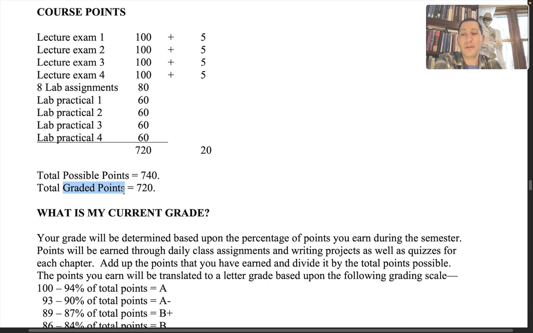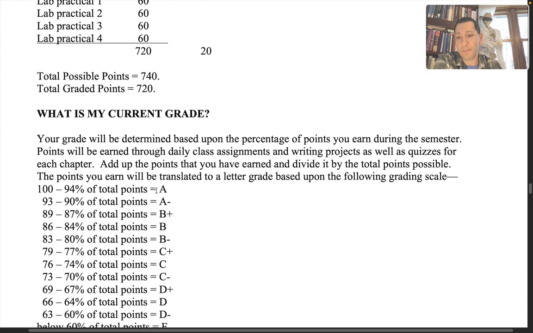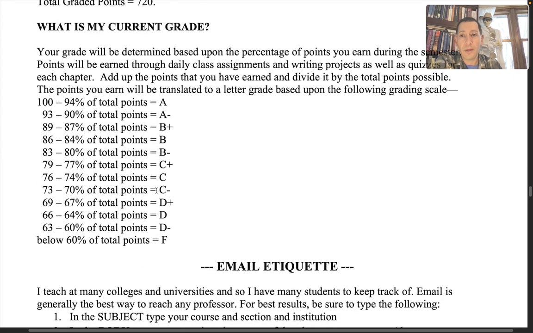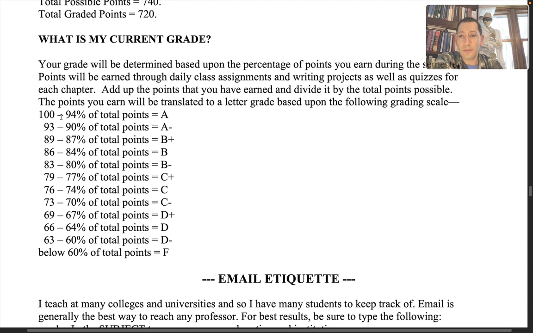The class is graded out of 720, but you can actually get 740 out of 720. We have pluses and minuses, so it's not so bad if you know this.